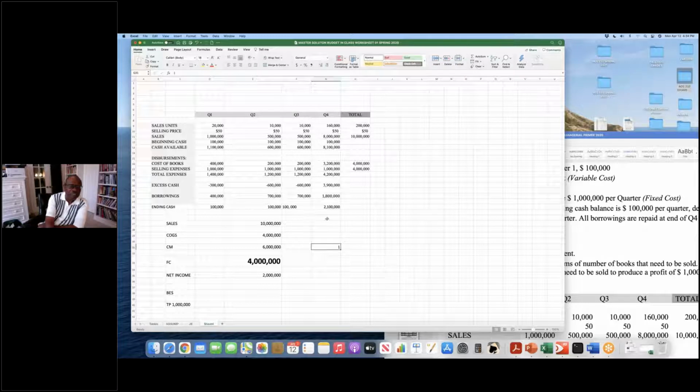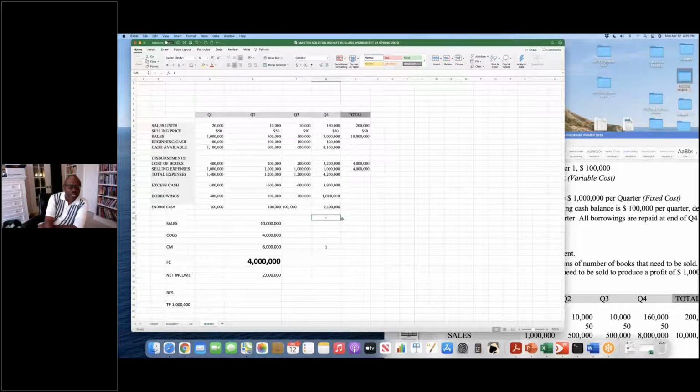I wasn't paying attention, I was looking up at the top. You weren't paying attention last week. I was paying attention last week. I was looking at the top, at the unit expenses, and not looking down at sales.